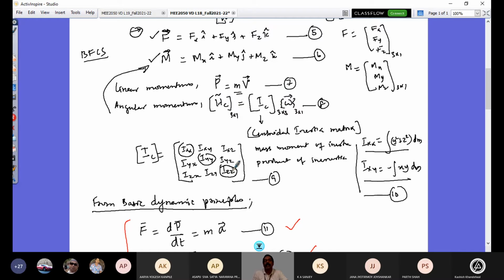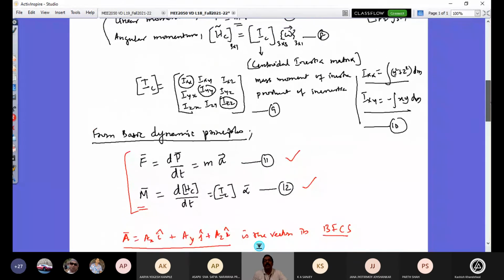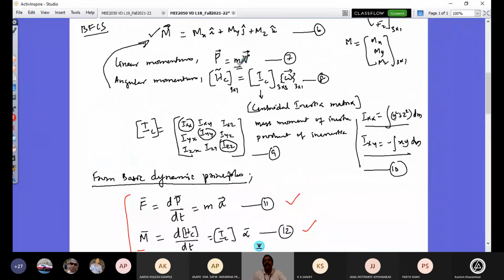You have these 9 elements, and all 9 exist for an arbitrary shape of the vehicle. If it is an aircraft, you see symmetry about the XZ plane, so you would have 6 components and so on. You have mass moment of inertia, which are diagonal terms, and product of inertia, which are off-diagonal terms. Their influence is there for your moment, whereas for your force, there's only one that comes from the total mass of your vehicle.